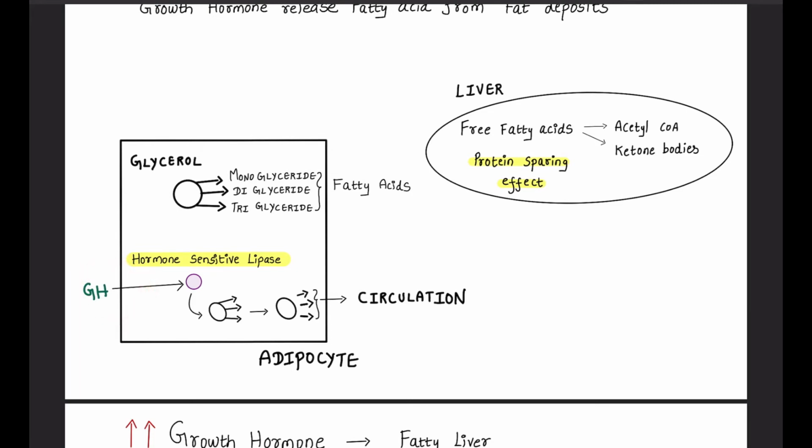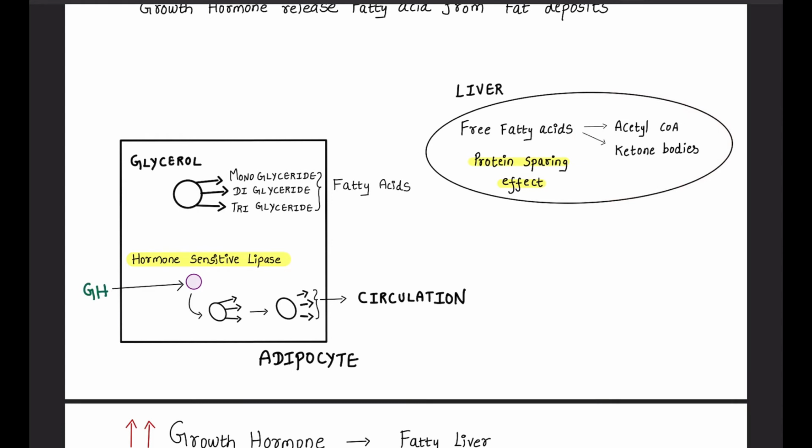So whenever there is an increase or too much growth hormone, there will be too many free fatty acids. Whenever there are free fatty acids, there will be too much formation of glucose.